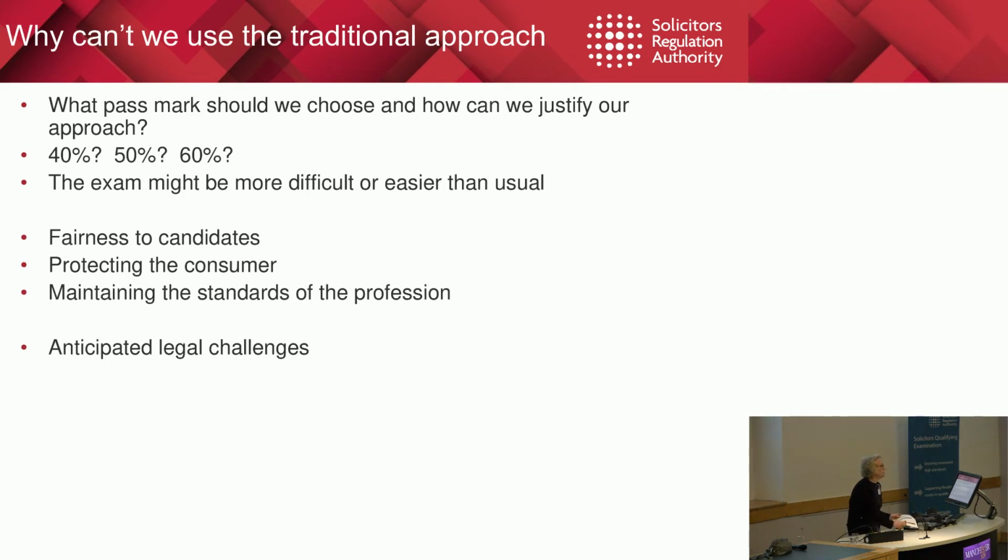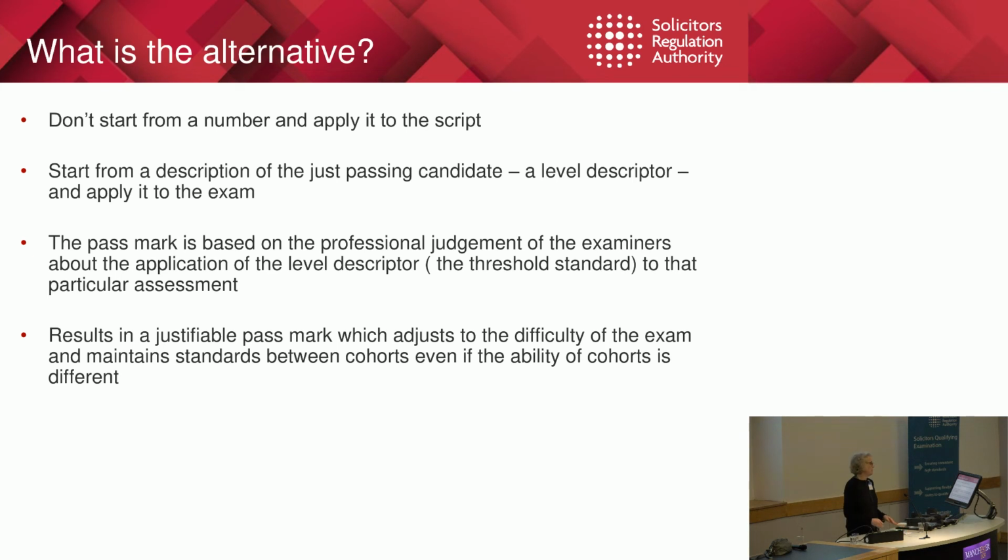So instead of starting from a mark, we start from a description of the just passing candidate. So a description of competency, and a range of examiners apply it to the exam. So the pass marks are based on the professional judgment of the examiners about the application of the level descriptor to that particular assessment.